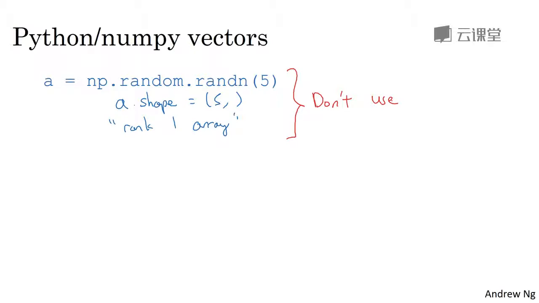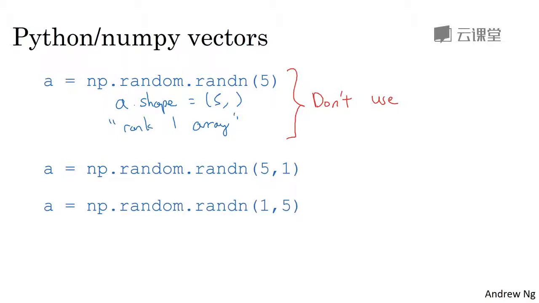Instead, every time you create an array, you commit to making it either a column vector, so this creates a 5 by 1 vector, or commit to making it a row vector, then the behavior of your vectors will be maybe easier to understand. So in this case, a.shape is going to be equal to (5,1), and this behaves a lot like, or in fact is, a column vector.